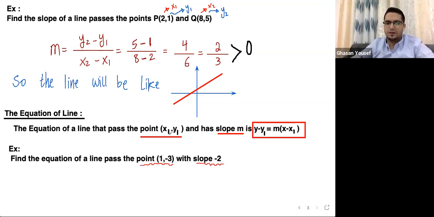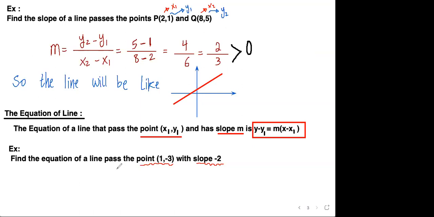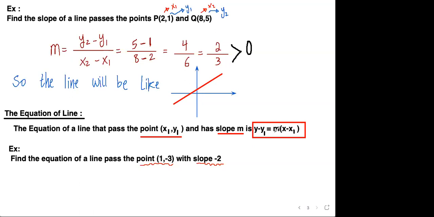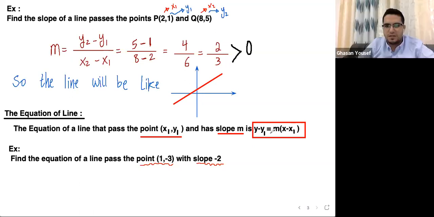Yes, Anta, go ahead. Okay, so based on what I remember, I think you need to apply the method y equals mx plus b. So y is going to be -3 equals, you need to find b. No, I'm going to use this formula: y minus y1 equals m times x minus x1.